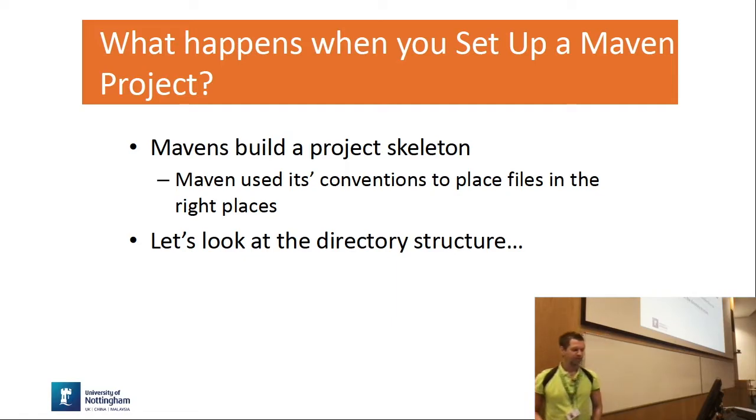So what happens when you set up a Maven project? You can see it in the screen capture demo. By the way, you can see it all happening on the screen. It basically sets up your configuration, and it puts all of the files in the right places, in the right directory structures, and so on.